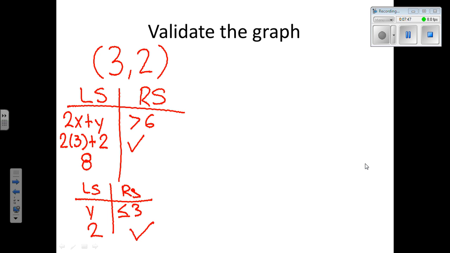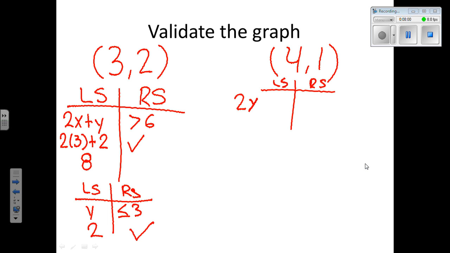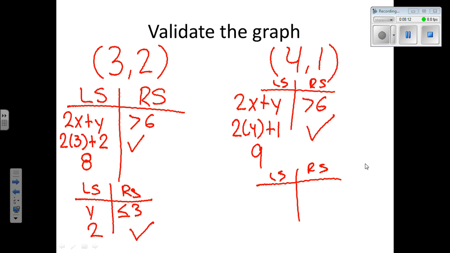So let's try another point to see if it's still valid. So both of my points are valid. So this solution set we can say is valid.